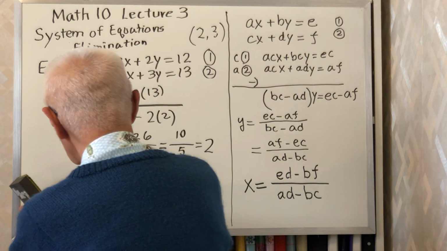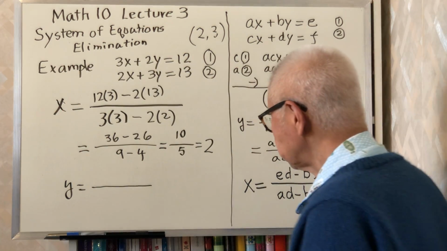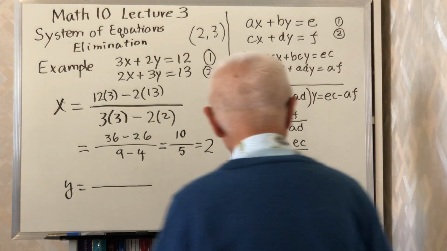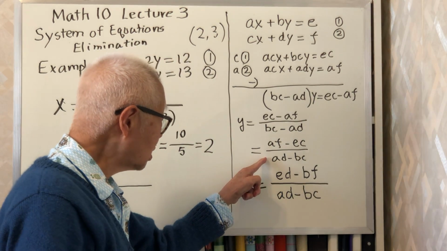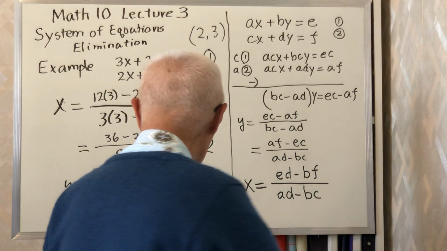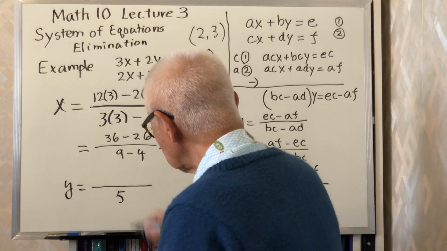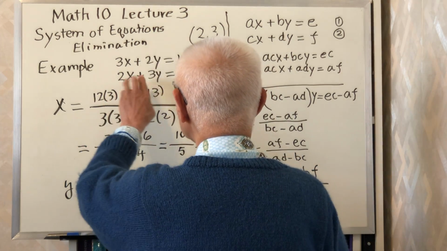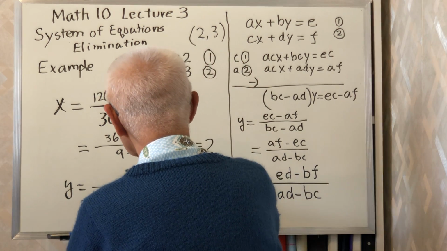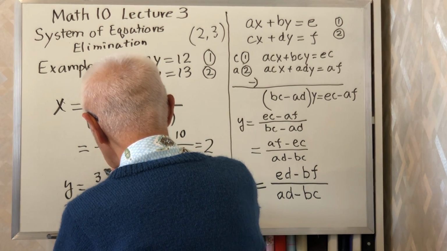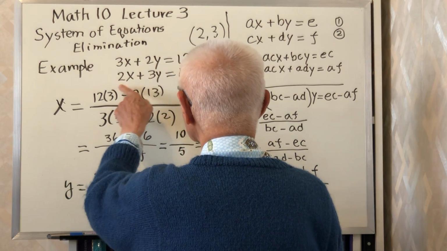Why? Remember the general formula? Y and x have the same denominator, so I don't need to write this. The denominator is 5, the same. And then what is y? Y is 3 times 13 minus 2 times 12.